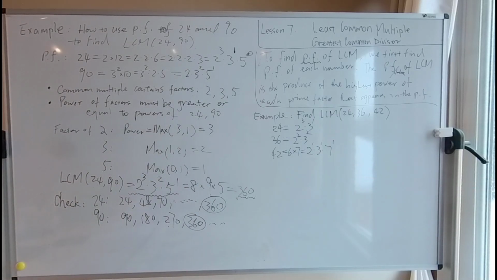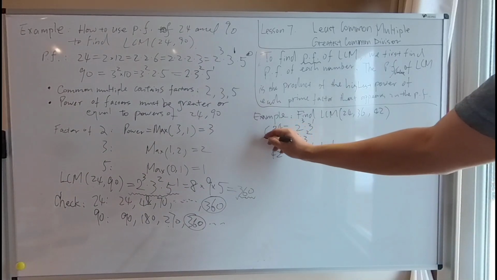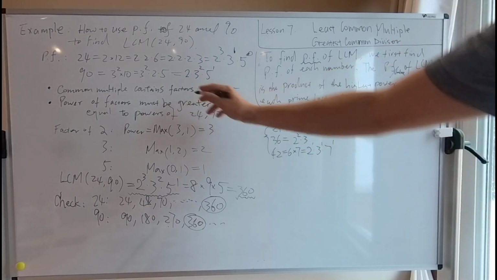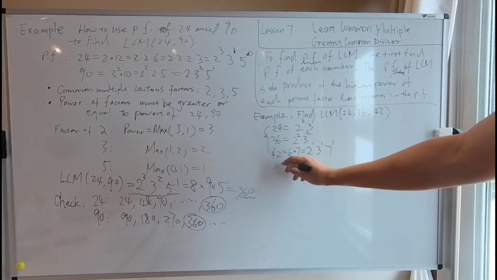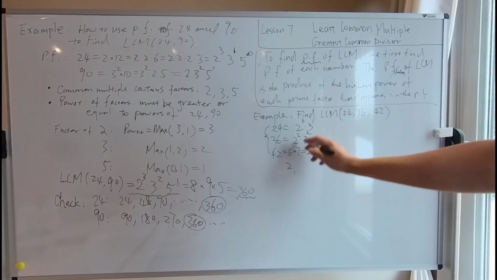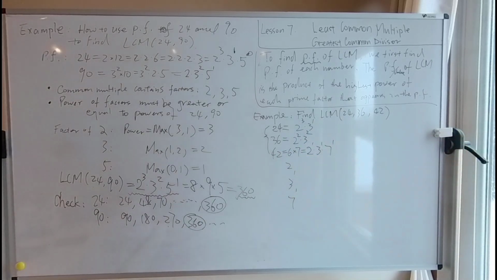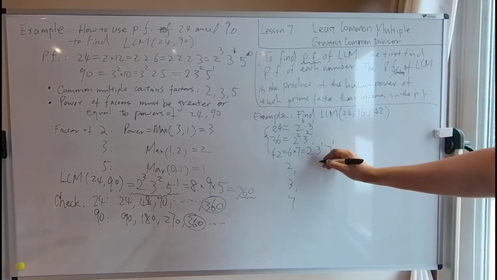Okay, so how many possible prime factors do we have in this example? The factors are 2, 3, and 7. And then how about their powers?